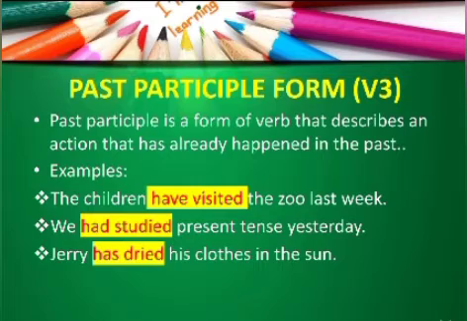You're talking about the last week. So the action had already happened in the past. We had studied present tense yesterday. Jerry has dried his clothes in the sun. You can see here the auxiliary verb is being used with them, that is has, have or had. I hope all the three forms of the verb must be clear to you all.